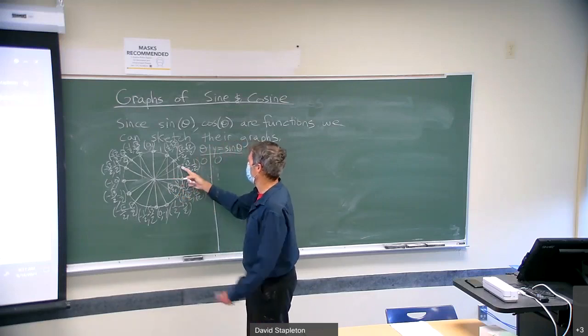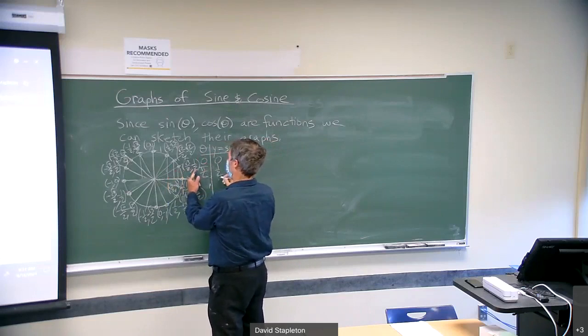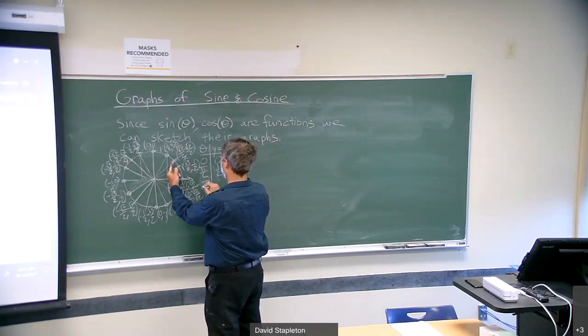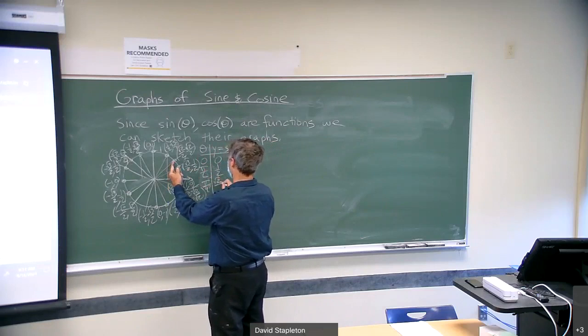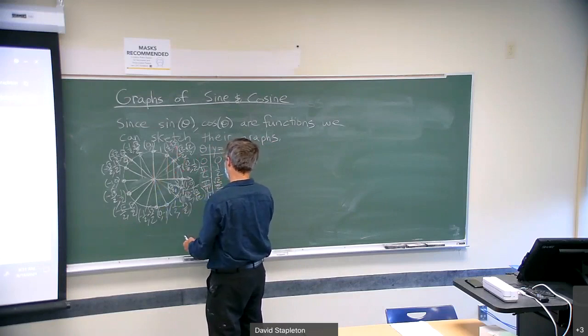All right, so I put in all these angles. Here's pi over 6, and the y coordinate, the sine, is 1/2. Here's pi over 4, and the y coordinate is square root 2 over 2. Here's pi over 3 for this angle, 60 degrees, and I get square root 3 over 2.